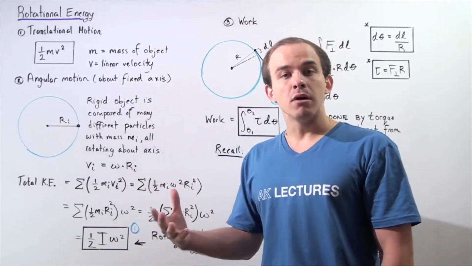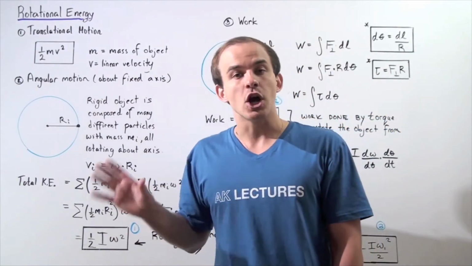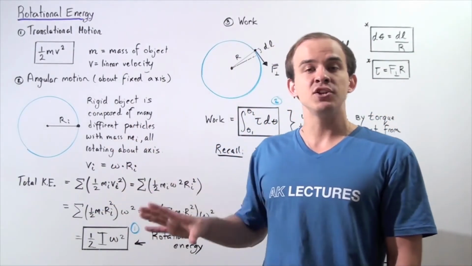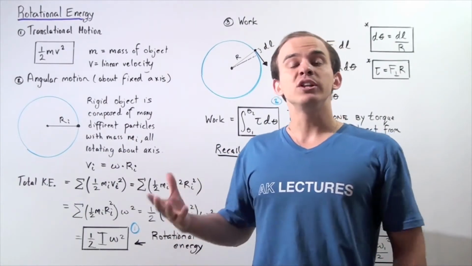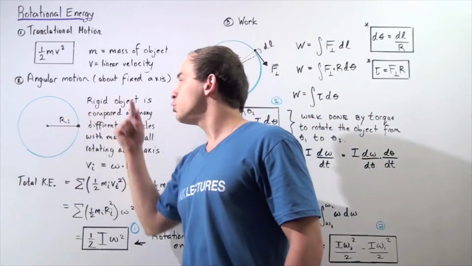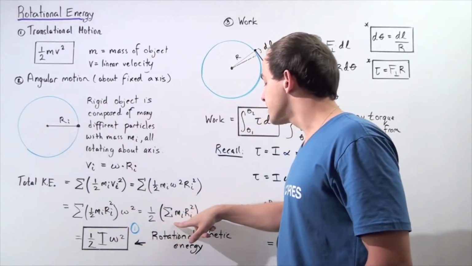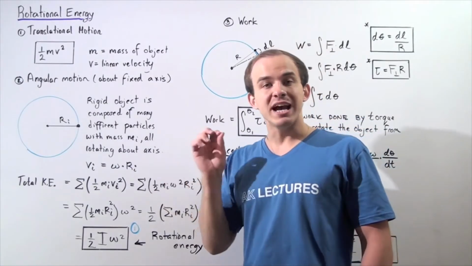And if I sum up all the rotational inertias, all the moments of inertia of the individual particles, that will give me the entire moment of inertia of my two-dimensional object. So that means I can replace this entire term with simply I.